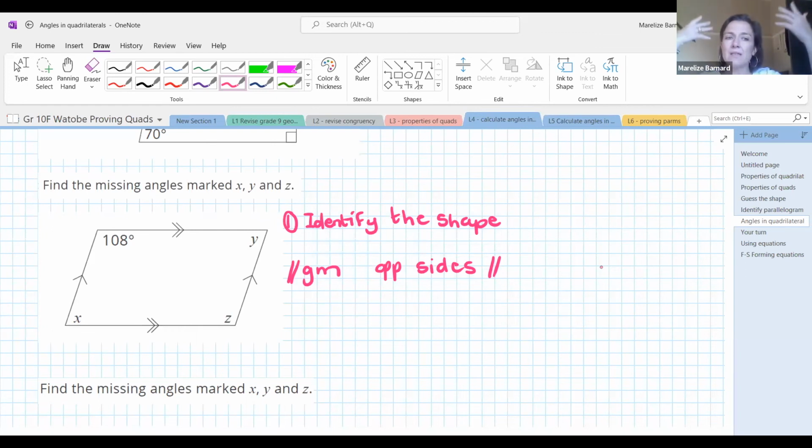So what are the properties of a parallelogram? We've already said the opposite sides are parallel. What are some of the other properties? Put them in the chat. The opposite angles are equal.